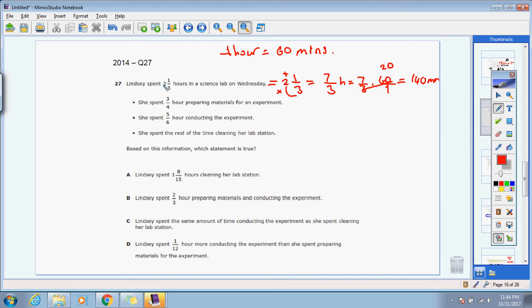Let's make sure. 2 times 3, which is 6, plus 1, 7/3. When we multiply by 60, we will have 140 minutes.